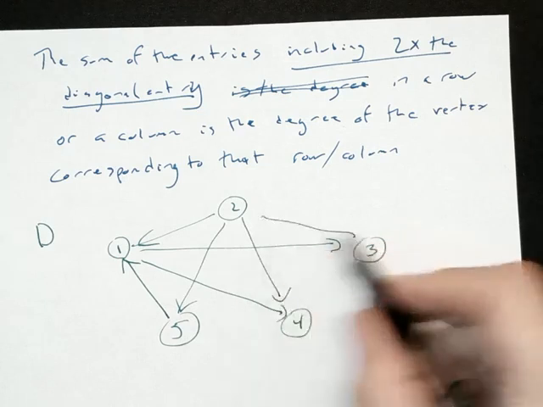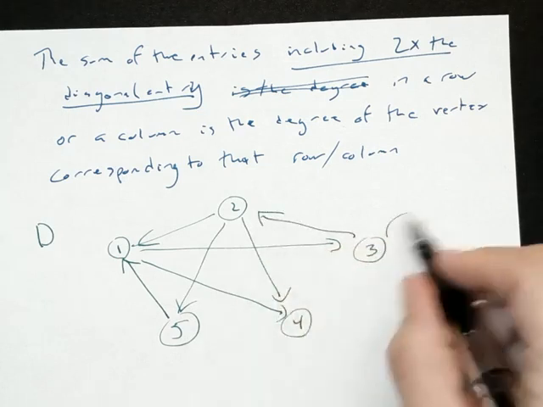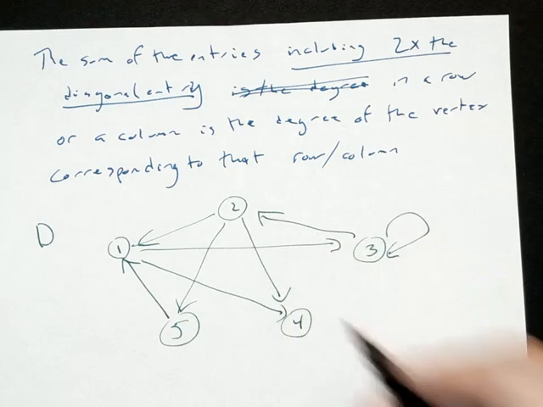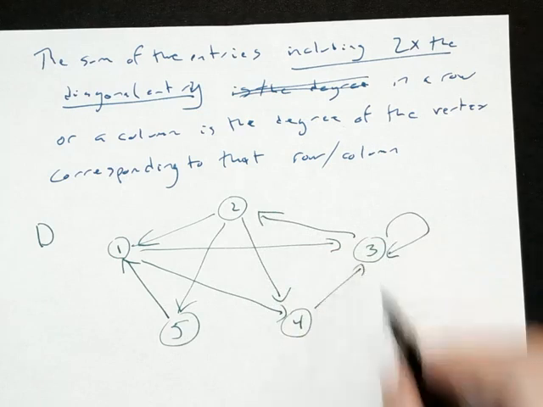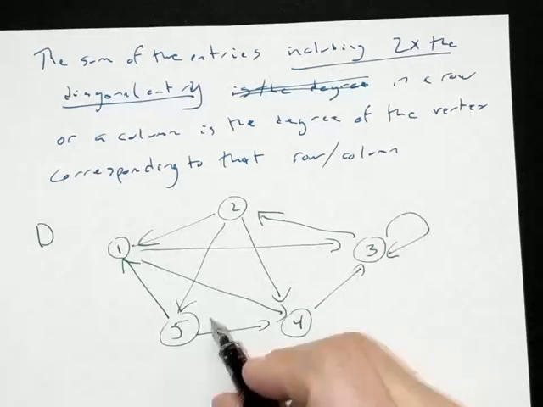Yes, there's a loop on it. I want an adjacency matrix for this too.